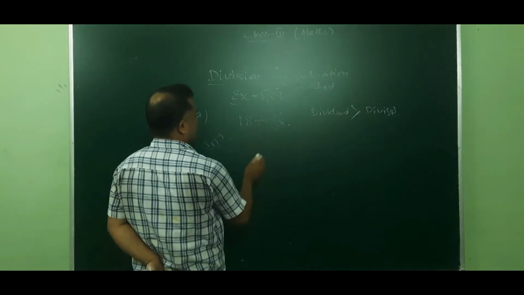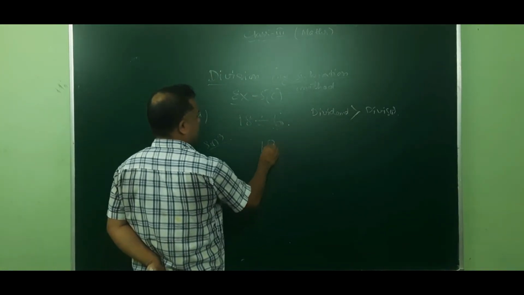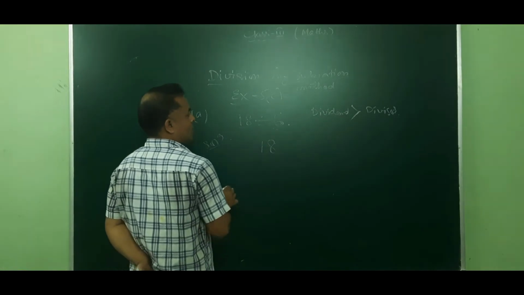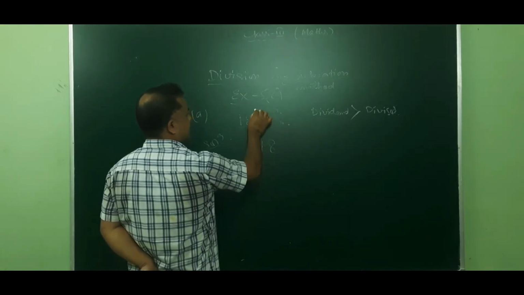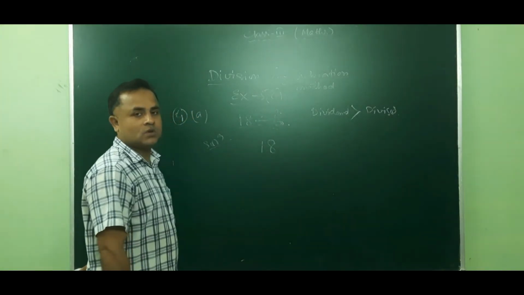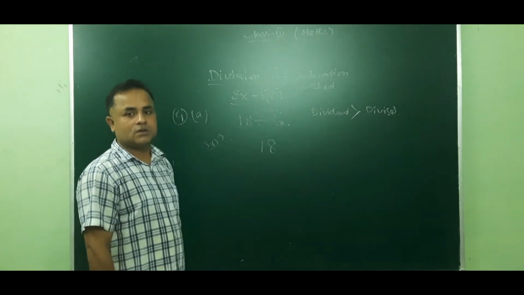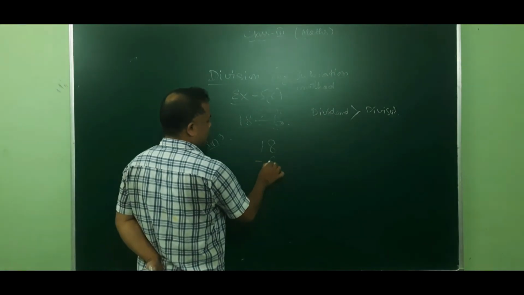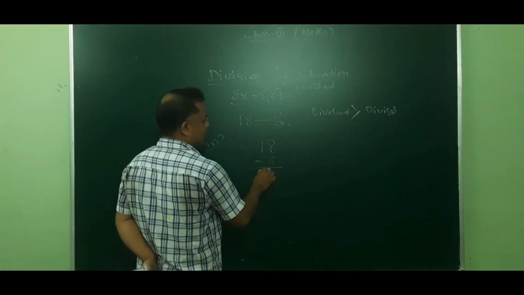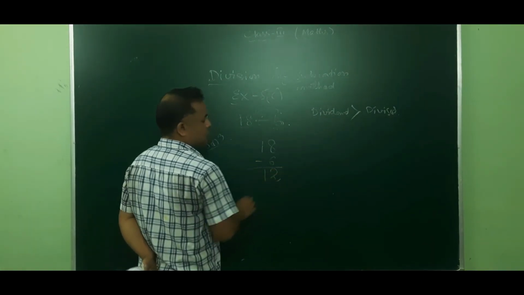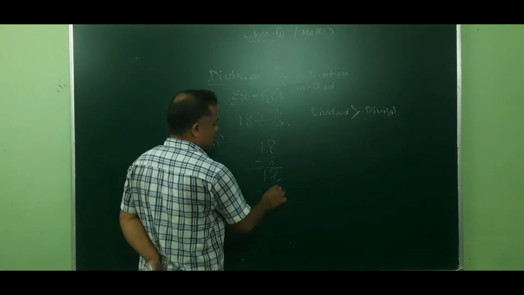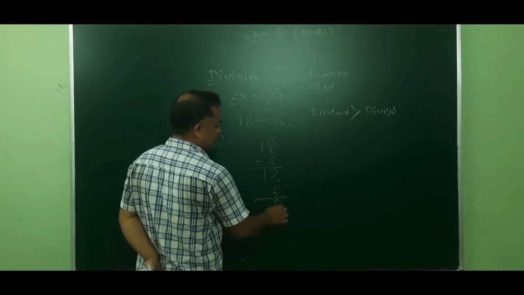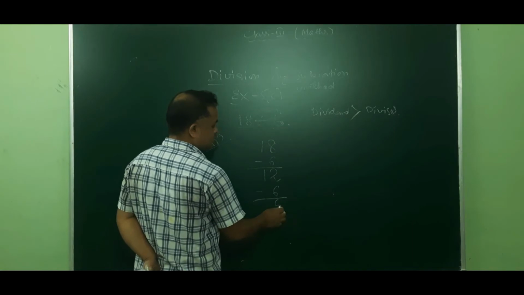So by the subtraction method, we write 18. By this 6, how many times when we subtract do we get 0? That is our ultimate goal. When we subtract 6, we find it is 12. Again to this 12, we subtract 6.